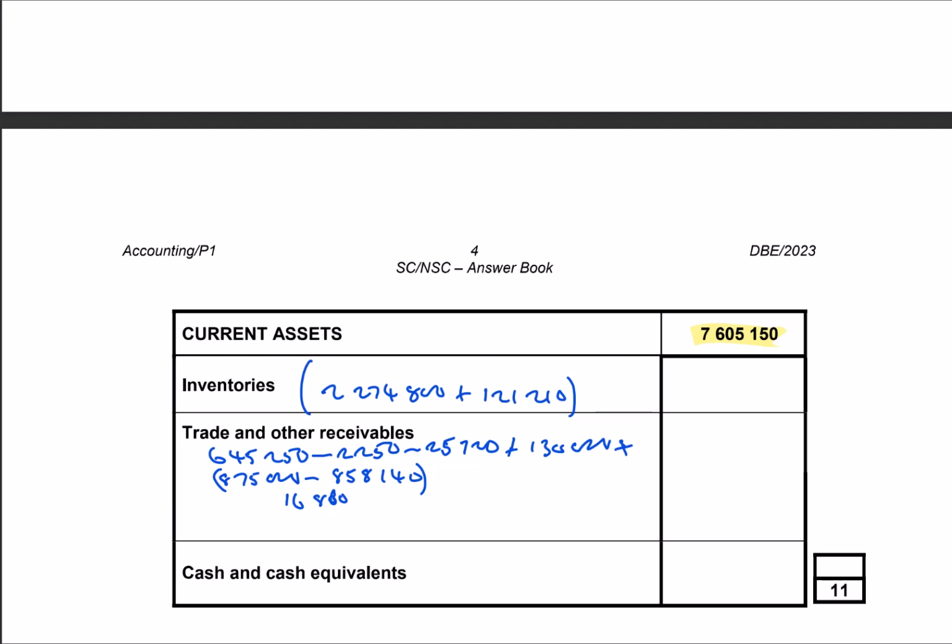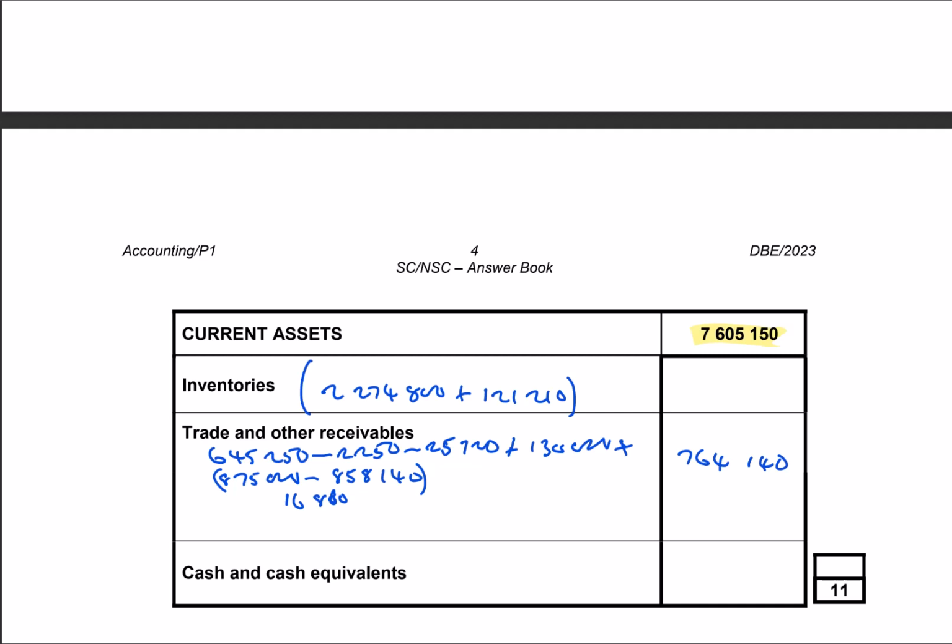Plus 645,250 minus 2,250 minus 25,720. I hope this figure is correct. Plus 130,000. That's 764,140.